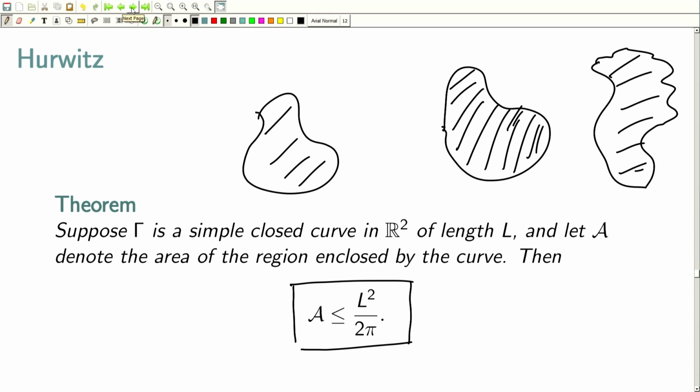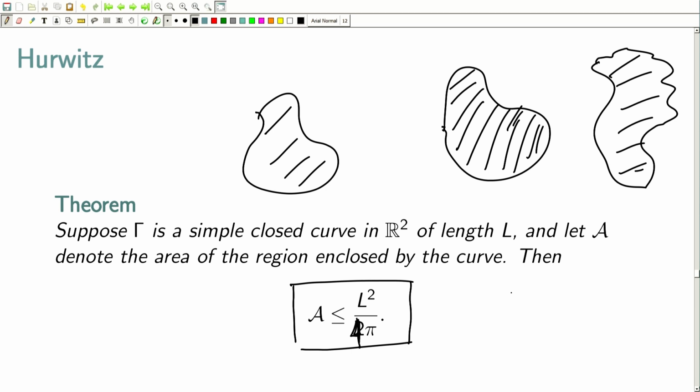So, Hurwitz theorem states that suppose gamma is a simple closed curve in R 2 of length L and A denotes the area of the region enclosed by the curve, then L square is greater than or equal to 4 pi A. Here there is a typo.